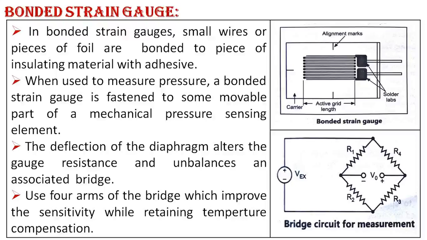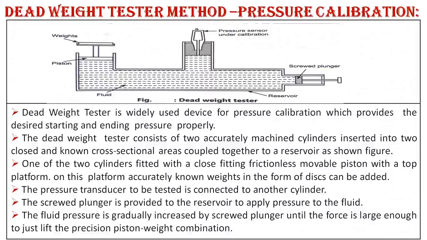The deflection of the diaphragm alters the gauge resistance and unbalances an associated bridge. So we have to use 4 arms of a Wheatstone bridge, which improves the sensitivity while providing temperature compensation in a bonded strain gauge.